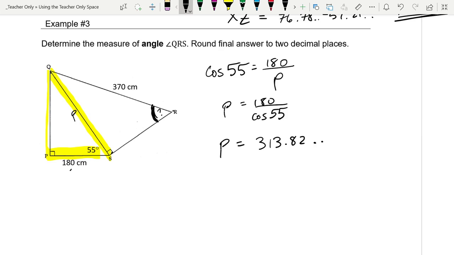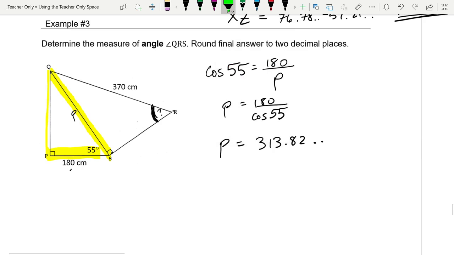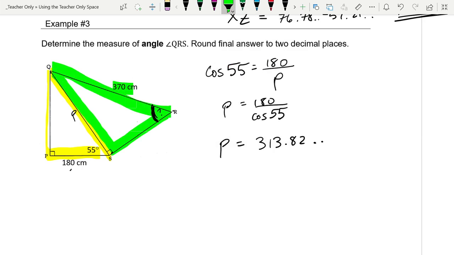Now, this was a hypotenuse in the yellow triangle, but now I'm in a different triangle. Now I'm in this green triangle, and in the green triangle, the hypotenuse is the 370. What's the side that I just found in that triangle? It's an opposite to the angle R, right?